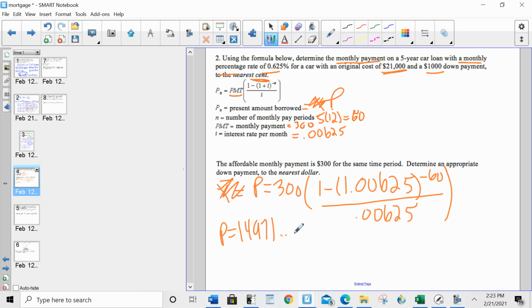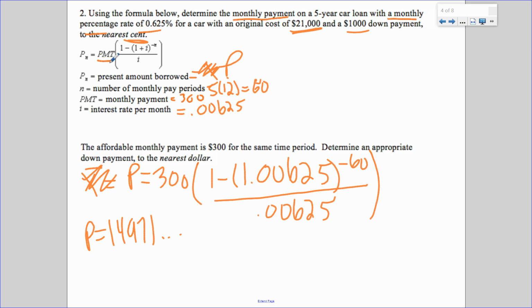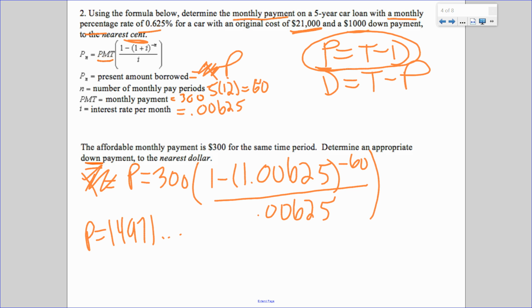So now that I have that, again, it's asking me for the down payment, but like I said, to find the down payment, we first have to find the principal. Now, to find the down payment, you can look at it two ways, as either P equals T minus D, or it's probably easier to do it as D equals T minus P. In the first part of the problem, I really needed to use that one more because I needed P. Now, since I want D, it would make more sense to use this one, but you can use either one.